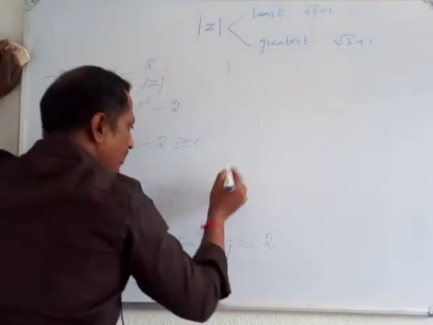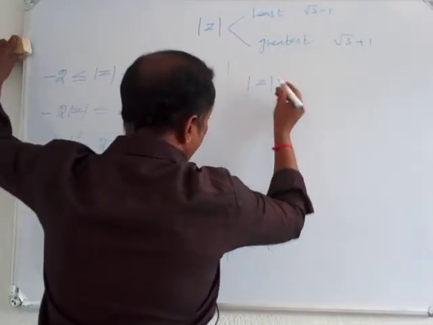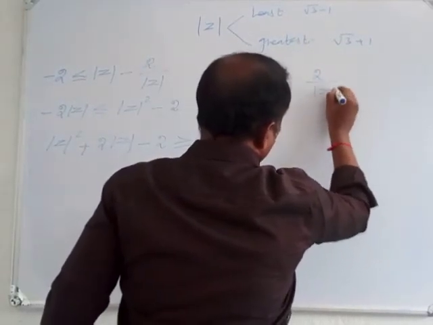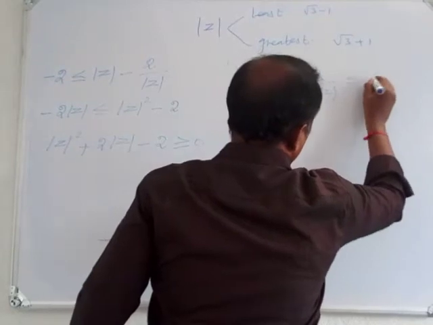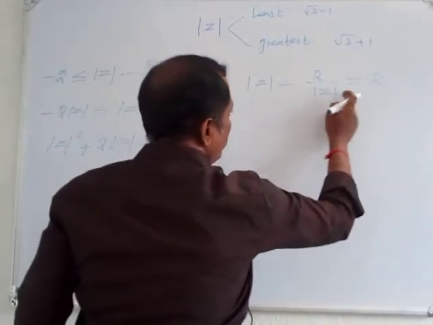And then the second concept: this value, modulus of z minus 2 divided by modulus of z, is less than or equal to 2. So for this, the 2 comes to the left side.